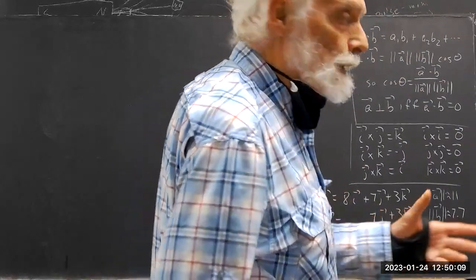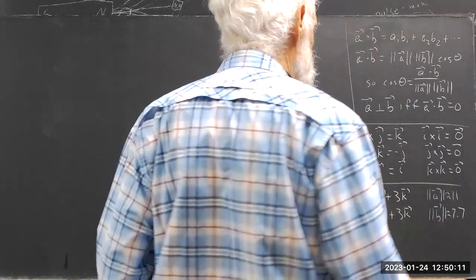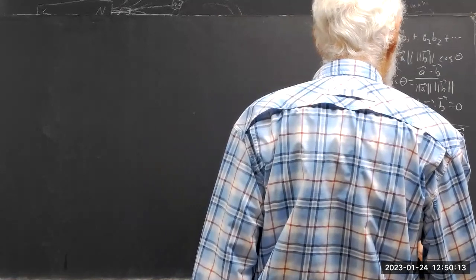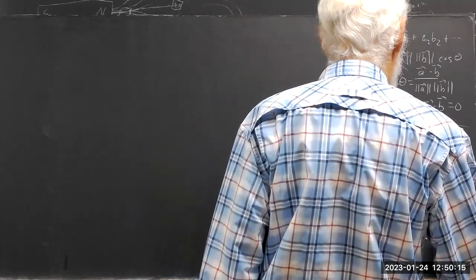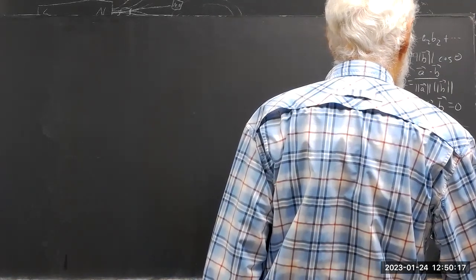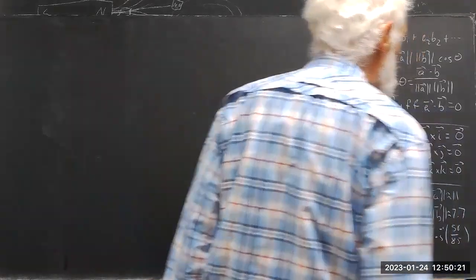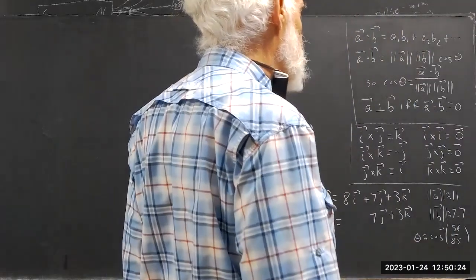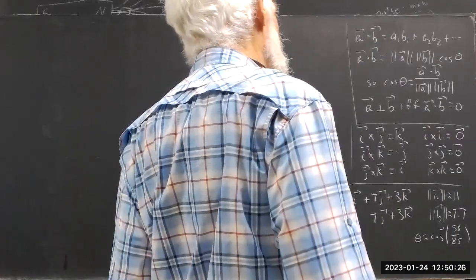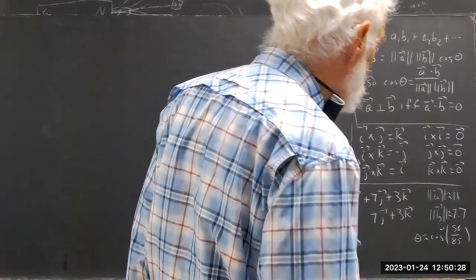Since this is an estimate, it just takes about 85, 58 over 85. 58 over 85 is a little less than 0.7.